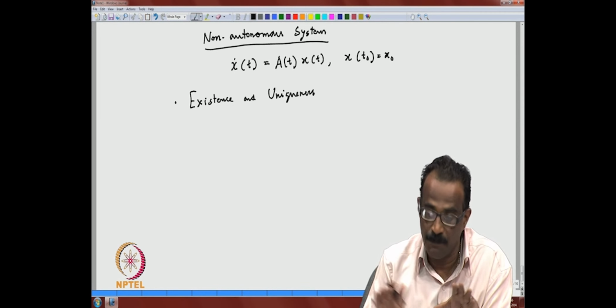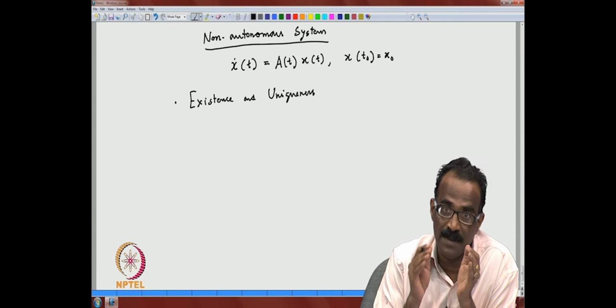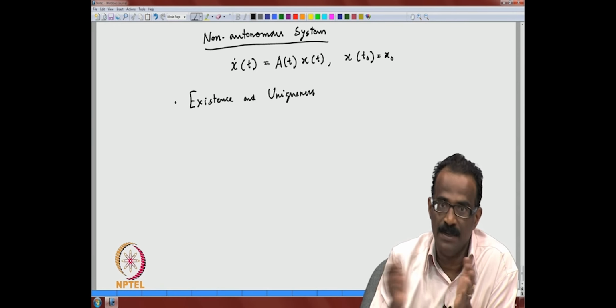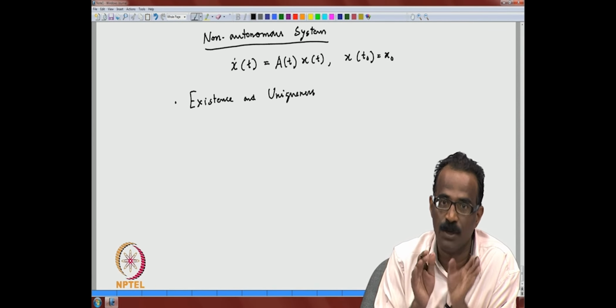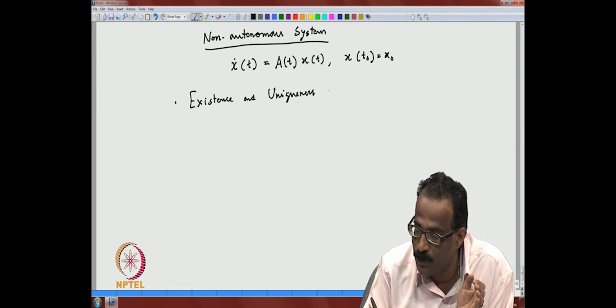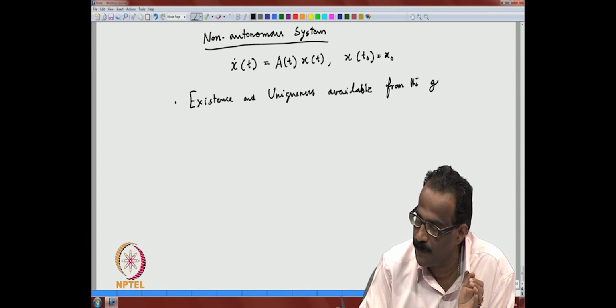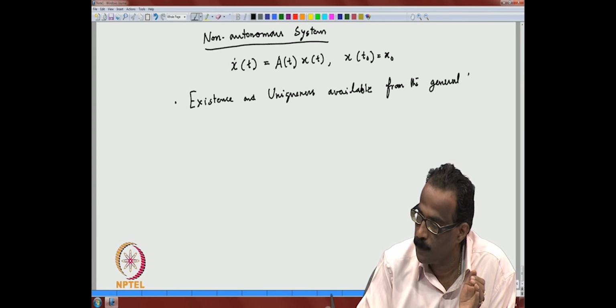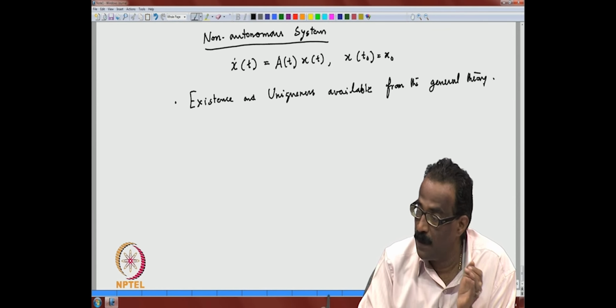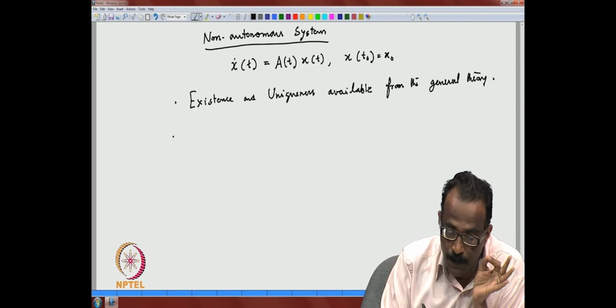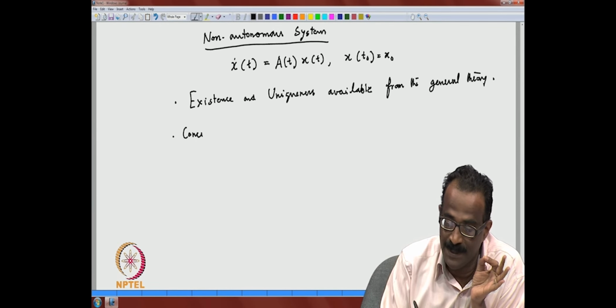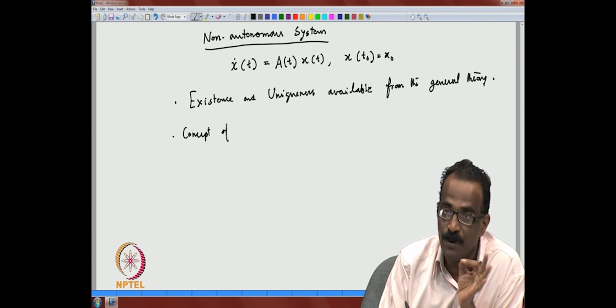Of course the component elements in A t must be continuous, that minimum assumption of continuity of the matrix A t is required, but existence and uniqueness are available from the general theory. Now the concept of fundamental matrix and transition matrix can be introduced. That is the important thing.